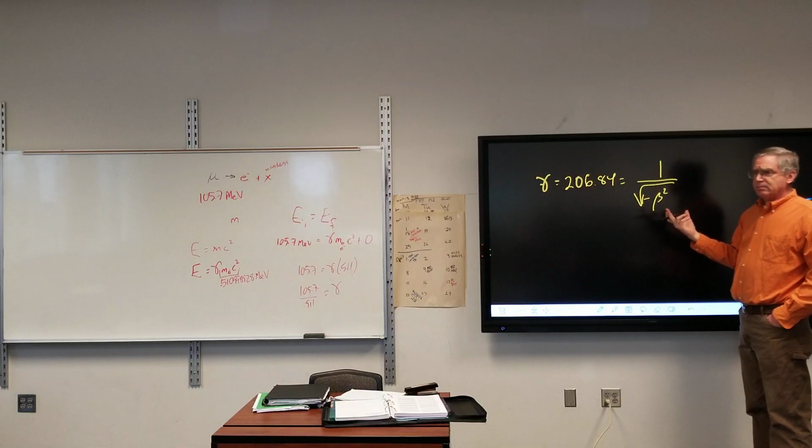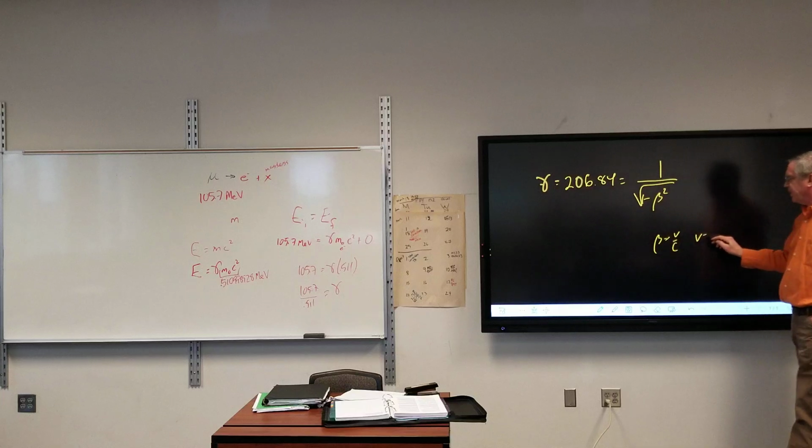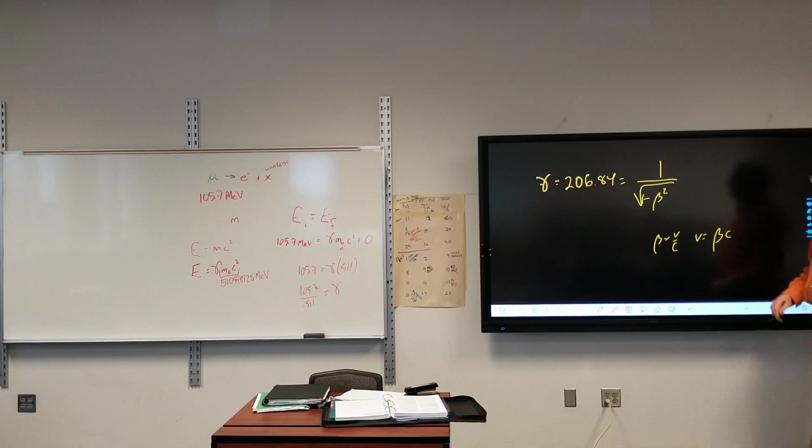Solve for beta, and I know beta is equal to v over c, and so the speed would be beta times c. And that's the answer for part B. Yes. Is that sufficient? Yeah. Okay.